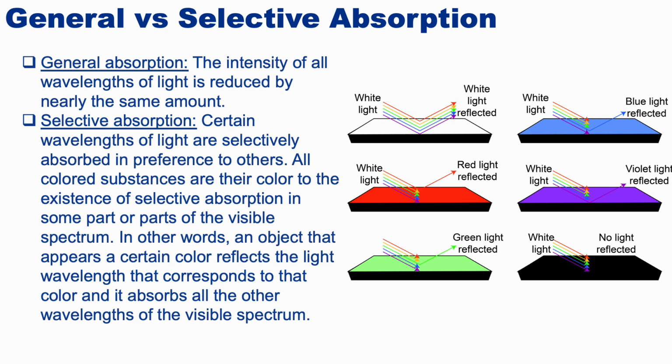But selective absorption occurs when the material absorbs some particular wavelength within the input light, so we have absorption of some wavelengths, but then we have transmission of others.